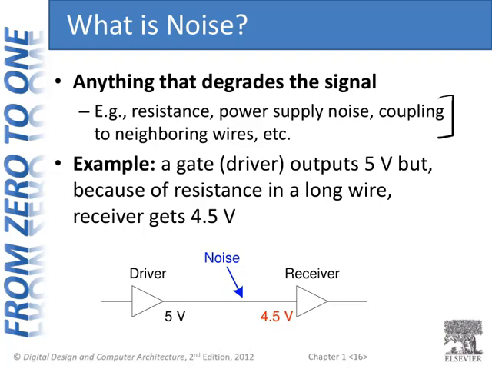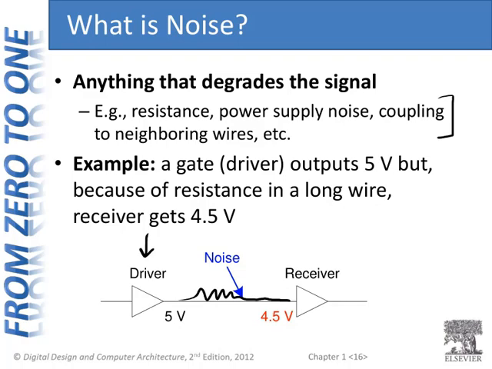And so here's an example of what could happen. A gate, a driver, we call it the driver because it's the one outputting the signal. The output's a good 5 volts. We're dealing in a 5 volt system where 5 volts is 1. But maybe there's a really long wire here. It finally gets to its destination.